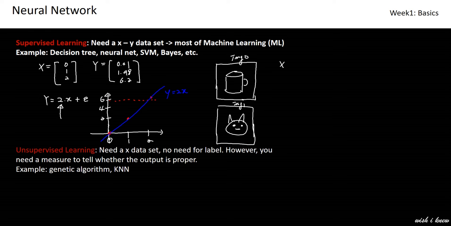So our X is composed of a bunch of images like this: image 0, image 1, and your Y may be the actual label like cup, cat, or for convenience we can say 0 for cup, 1 for cat.